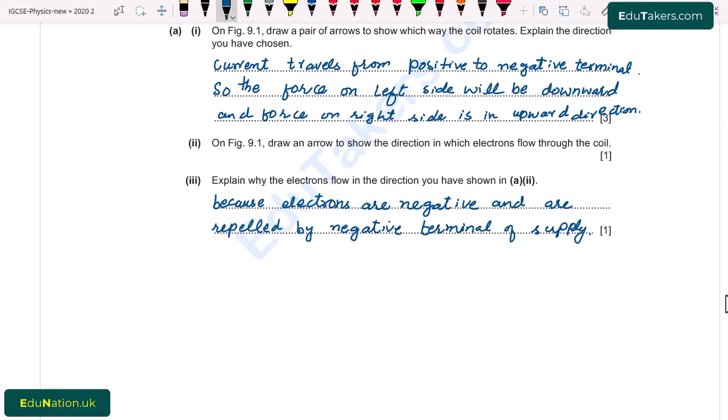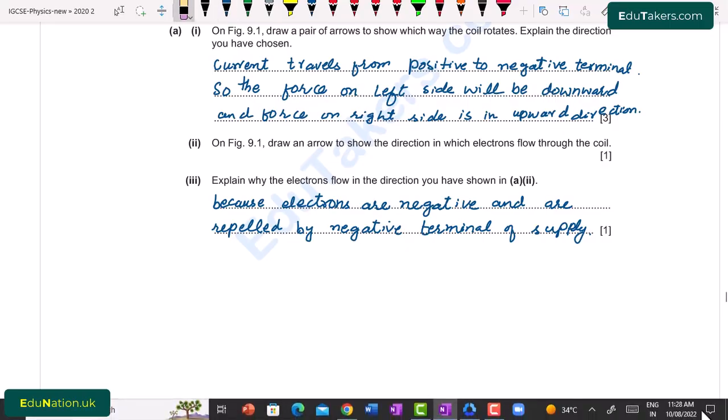That's why they move in the opposite direction. Next part.